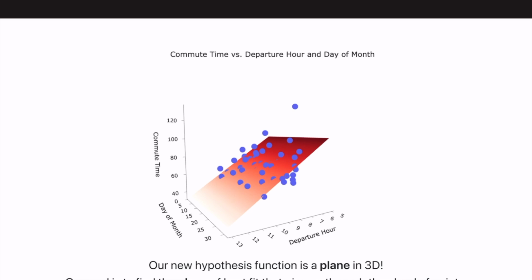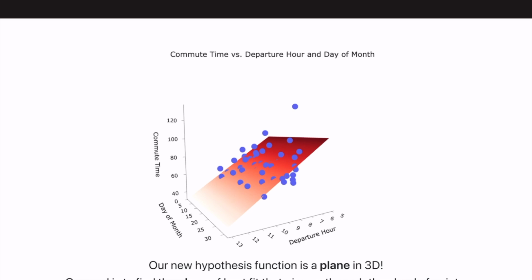So the question is, what do we need to do in order to go to multiple features and get into higher dimensions? And more importantly, how do we generalize this problem so that instead of thinking about one or two or three features, like x1, x2, we think of it in terms of d features, just like we have n number of rows.